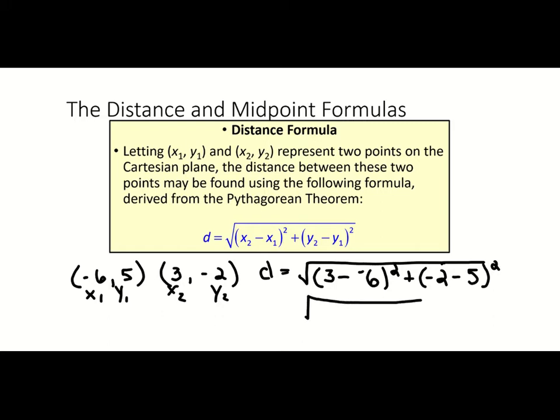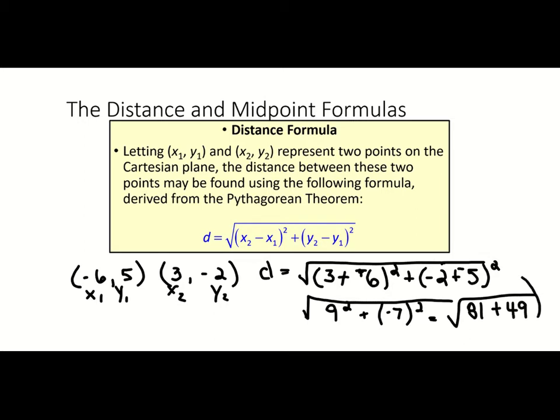So that is going to give me the square root of 3 minus negative 6, a minus and a negative gives me 9, squared, plus negative 2 minus 5, which will give me negative 7, squared. And that's going to equal the square root of 81 plus 49.